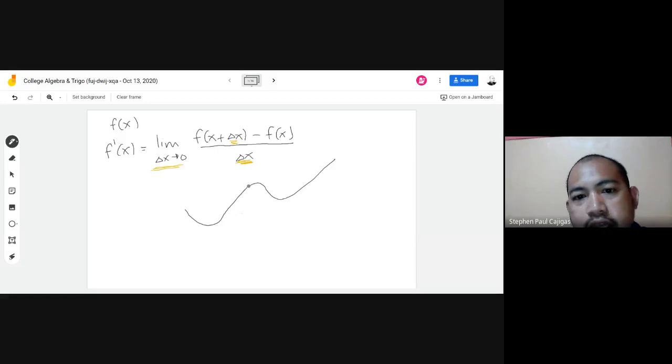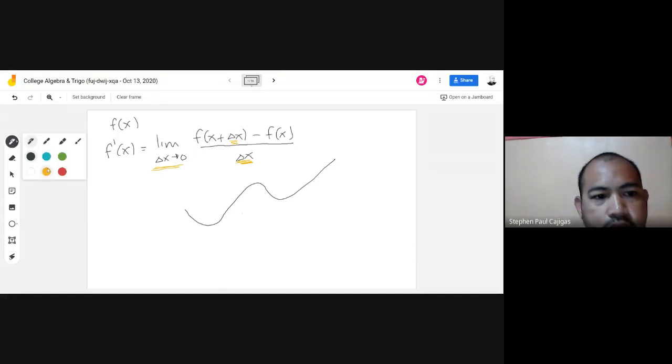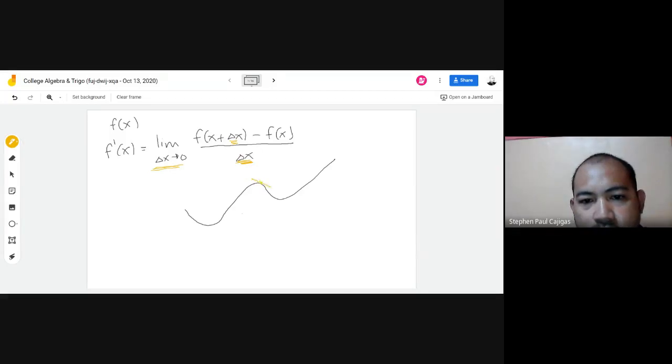When we say tangent line, that line is touching the graph at exactly one point only. So let's say we have a tangent line here, tangent at that point. Then there are tangent lines here, here, and here. So what are the slopes of these tangent lines?